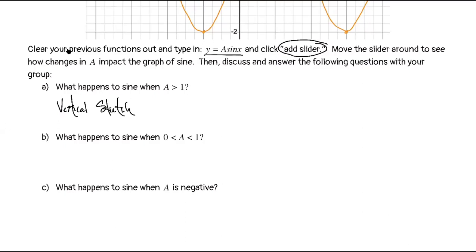Now let's change these values to answer the second question, which is what happens when A is between 0 and 1? Okay, so we can make that happen too. We can make our slider only go between the small values from 0 to 1. So let me actually change the size of the y-axis again. Okay, so this is that 1. What happens?